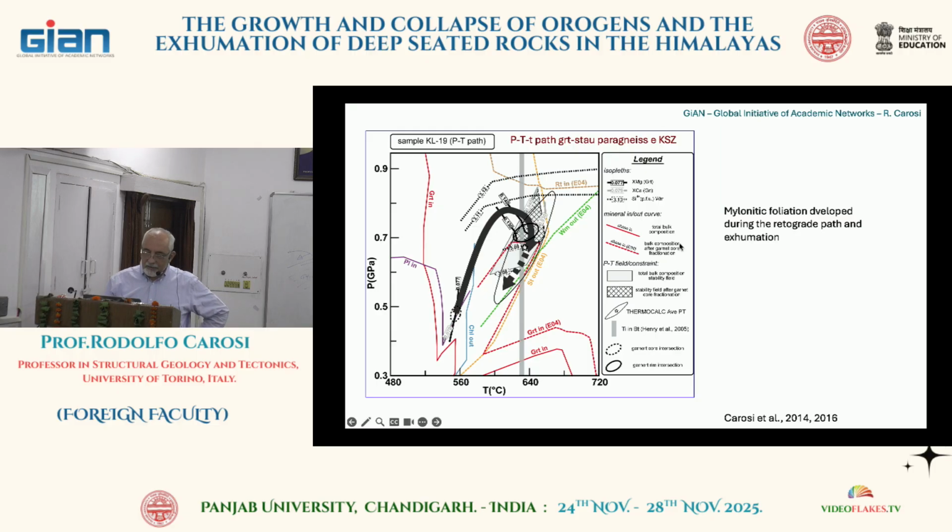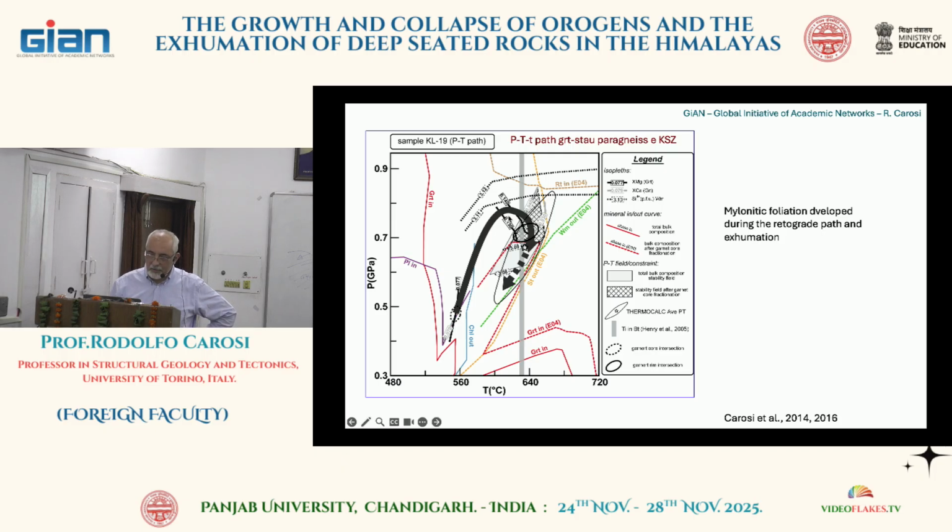And this is a PT path of these rocks. You have the pressure here, the temperature here, and the possible path considering the composition of the white mica, the garnet, and all the constraints of the magnesium content in garnet, the calcium content, and the silica content in white mica.